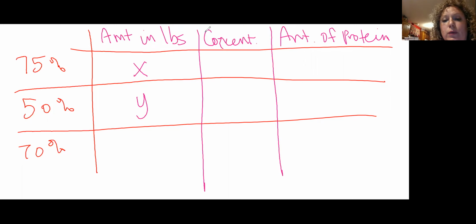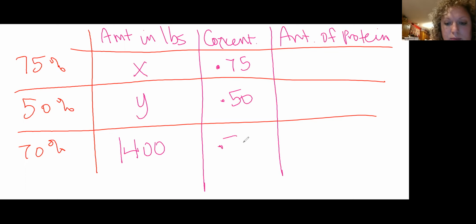We do know that we have 1,400 pounds of the 70% ration. So the concentration is just your percentage as a decimal. So this one is 0.75. This one is 0.50. This one is 0.70. And then to get the amount of protein, you're going to multiply the amount of pounds you have times the concentration.